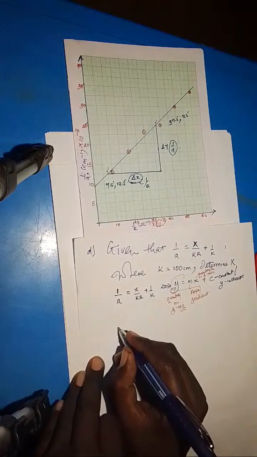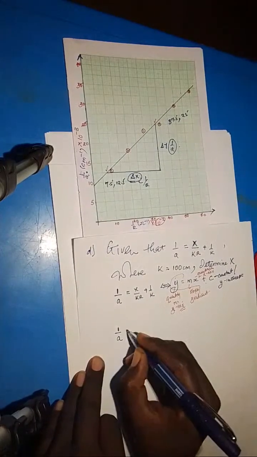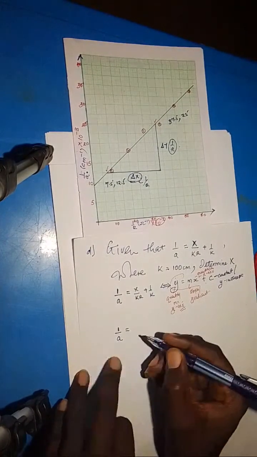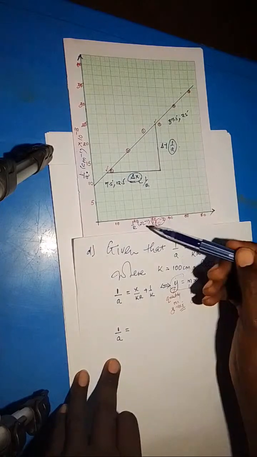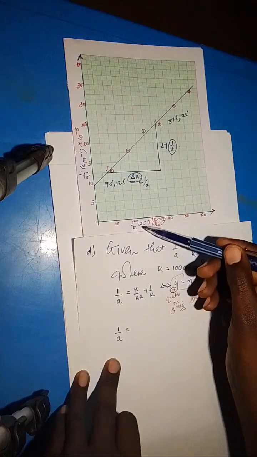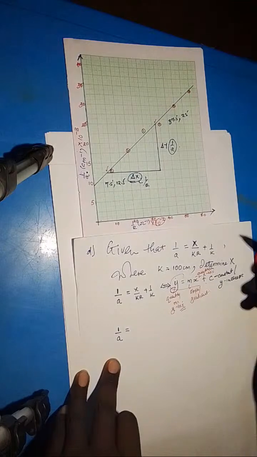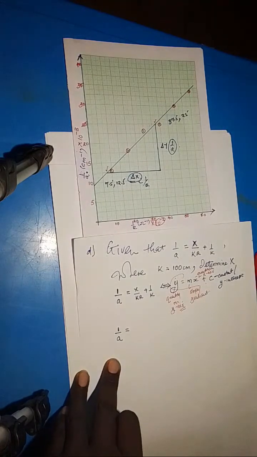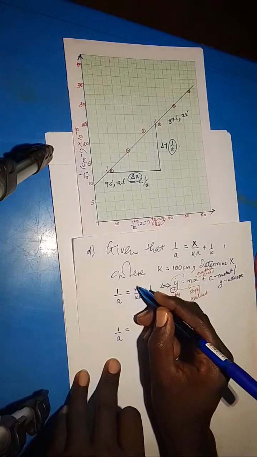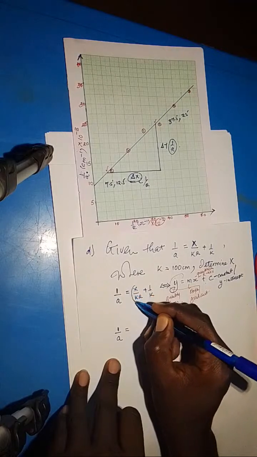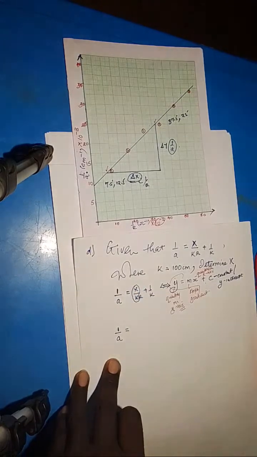Therefore, if we say 1 over a is equals now, the quantity on the x-axis will be 1 over r. Therefore, this part of x over kr can be simplified to have x over k on its own.